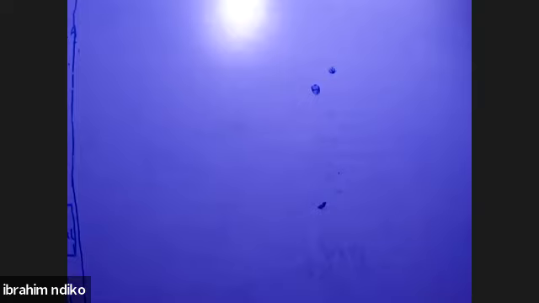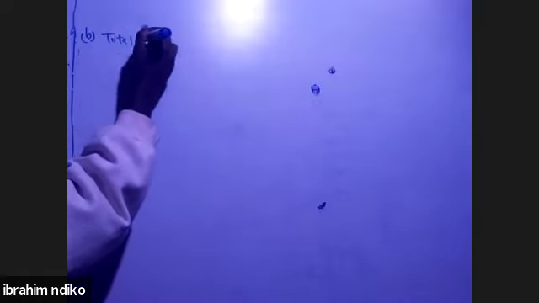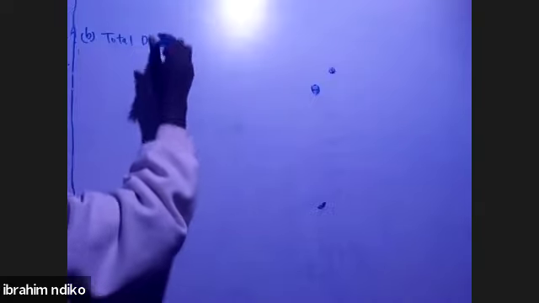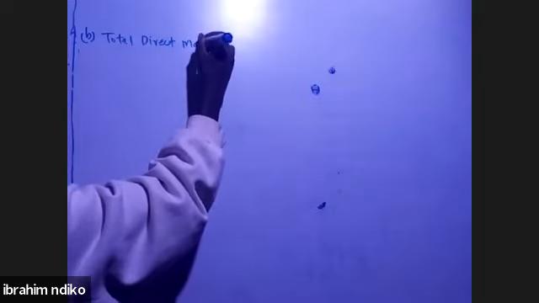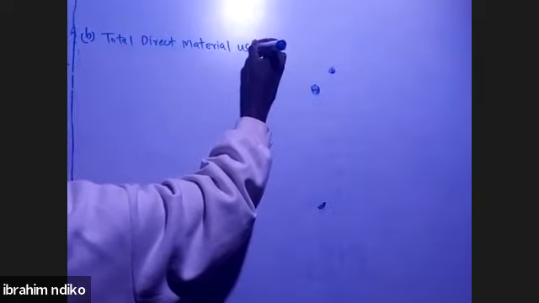Now tuko tumefanya total material price variance, so we go to usage. So we go to usage variance. So inaitwa number B, total direct material usage.